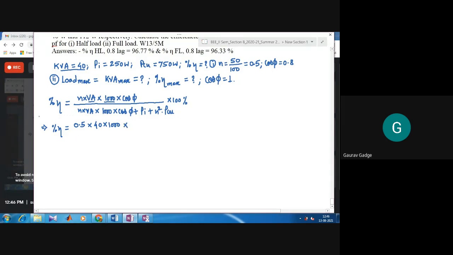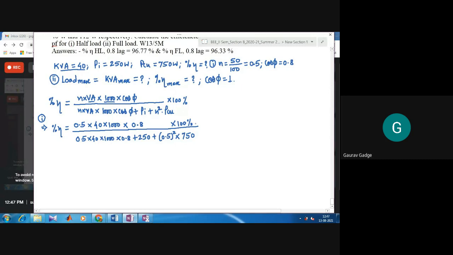For the first quantity, the power factor cos phi is 0.8. Now repeat this numerator in the denominator: 0.5 multiplied by 40 multiplied by 1000 multiplied by 0.8 plus iron loss. The iron loss is 250 watt. Now N square, so it means 0.5 square multiplied by copper loss, which is 750, multiplied by 100%.